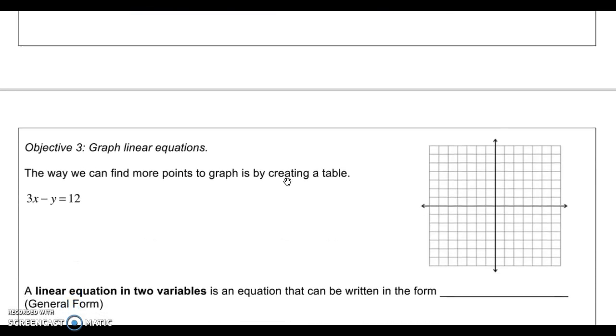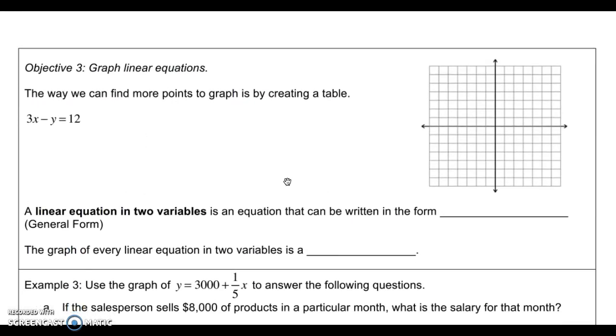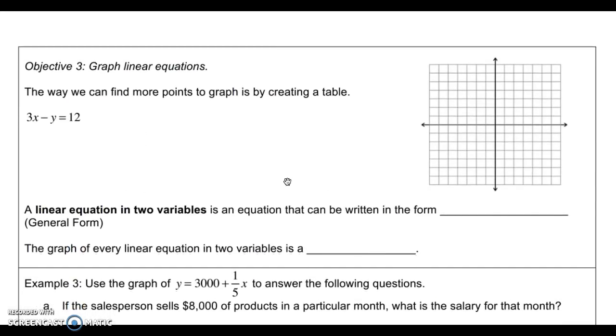Okay, so now we want to know how to graph linear equations. The way we find more points is by creating a table. So again, we can create x, y into a table, and we want to substitute values. So let's say I substitute the value 1 for x. I have 3 times 1 minus y is 12.